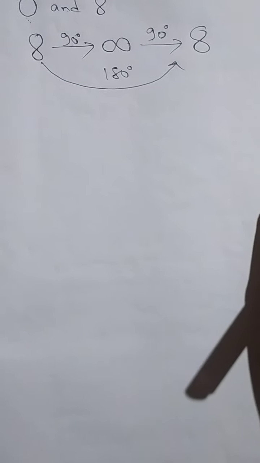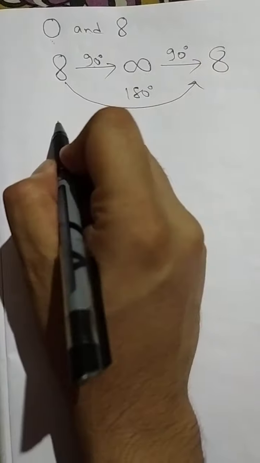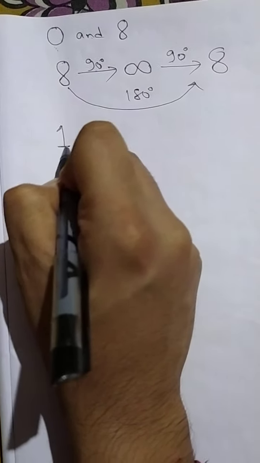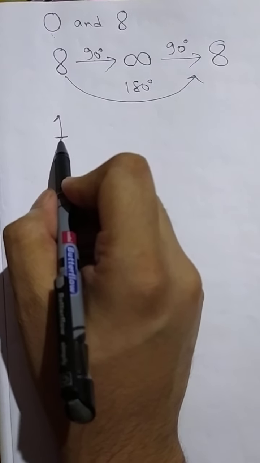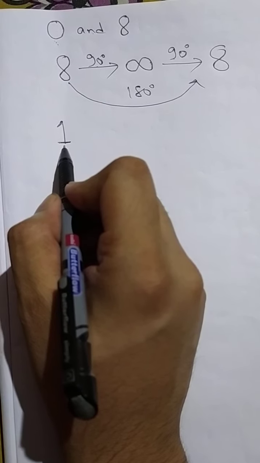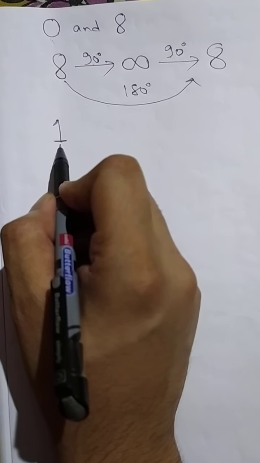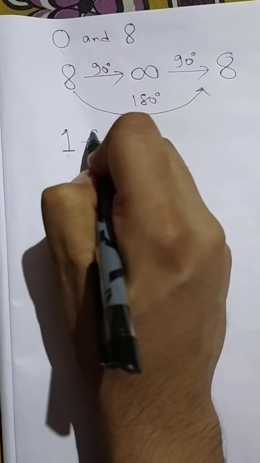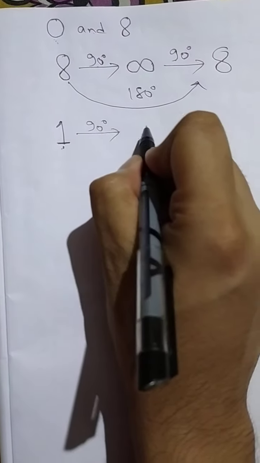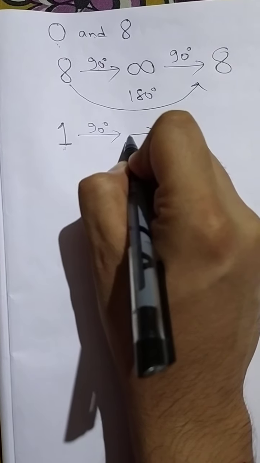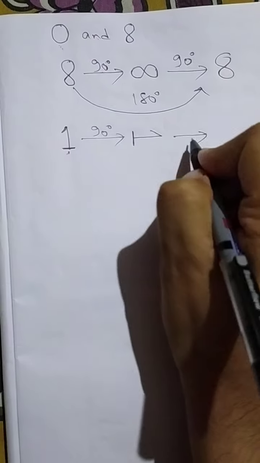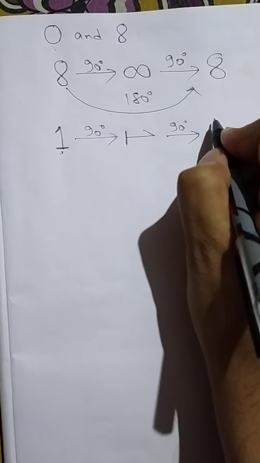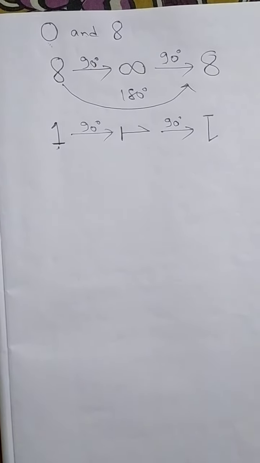Now one of you has written in the comment section, what about 1? 1 looks same. Now listen, if you write 1 like this way, after 180 degree you will not get the same one, because this one will change. If you give 90 degree, this will look like this one, and again if you give 90 degree rotation, it will look like this one.